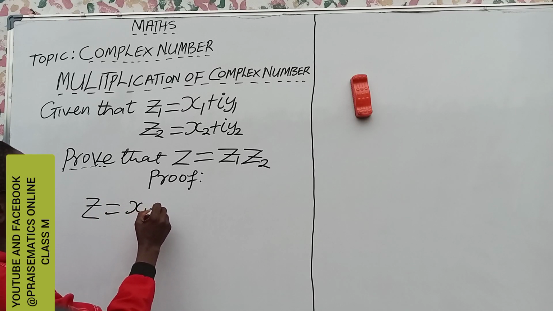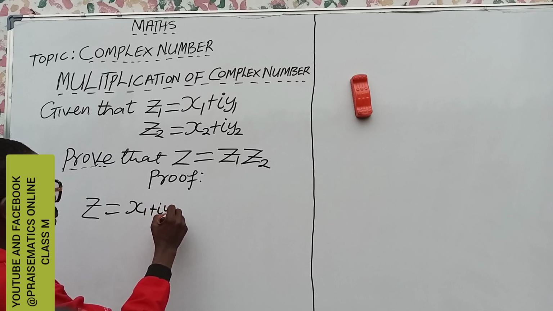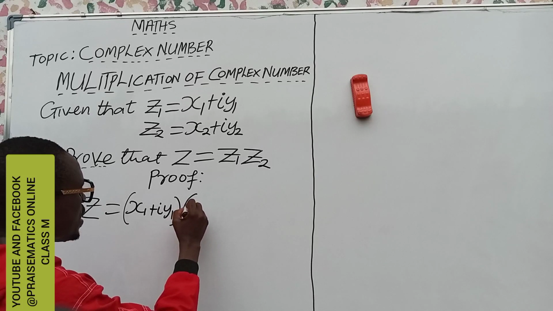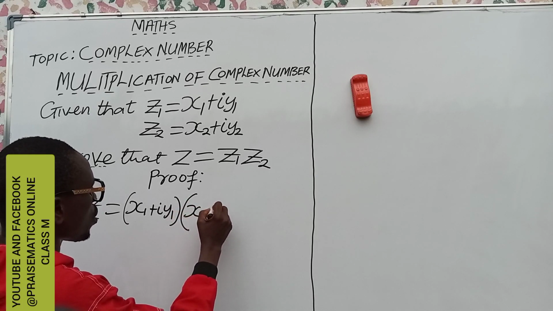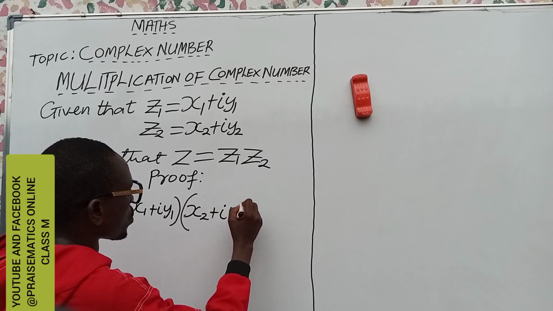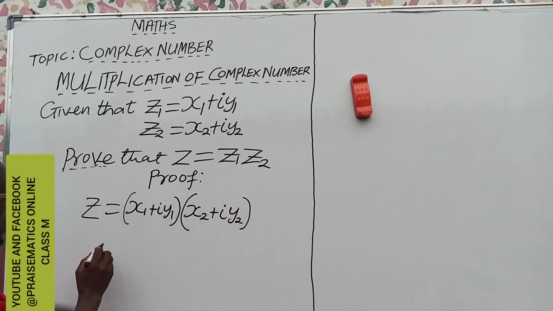z1, which is x1 plus iy1, multiplied by z2, which is x2 plus iy2. Close it. Now how do we do this? With this we continue.